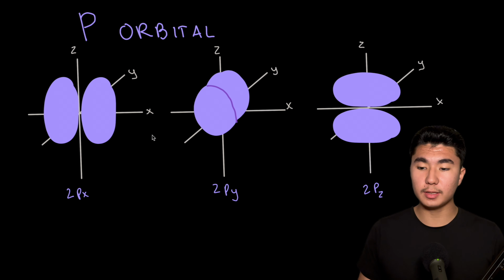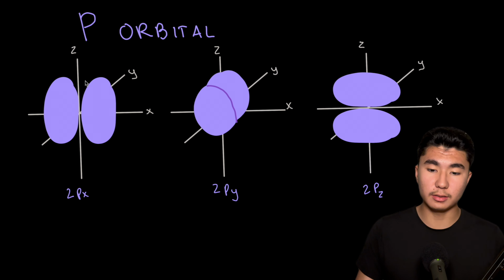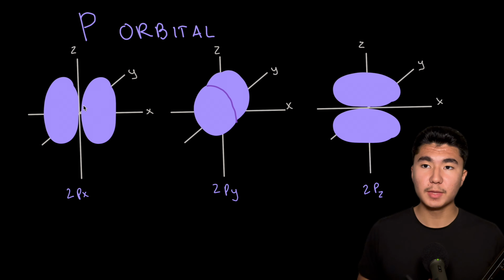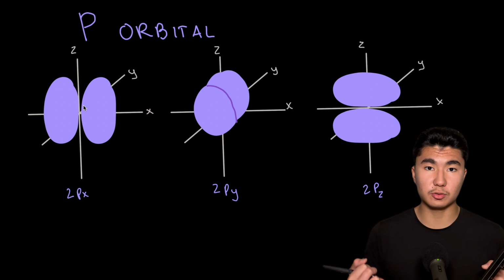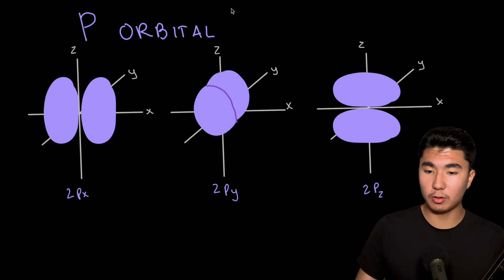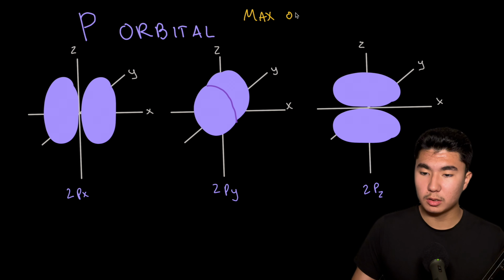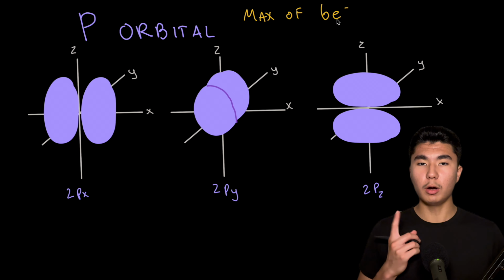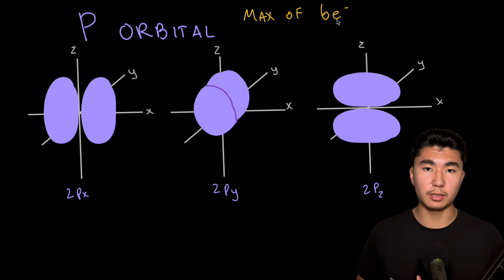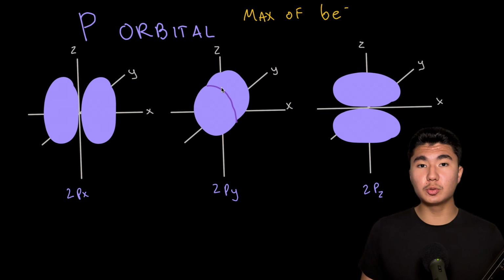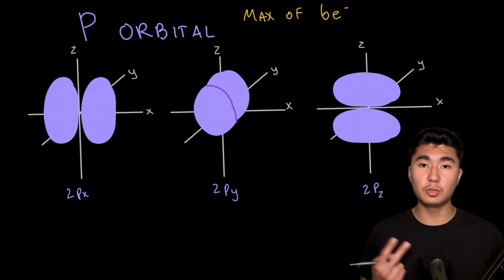One thing to note is that the two lobes of each p orbital are separated by what's called a nodal surface. In total, the p orbitals can hold a maximum of 6 electrons, and each of these individual p orbitals can hold up to 2 electrons.